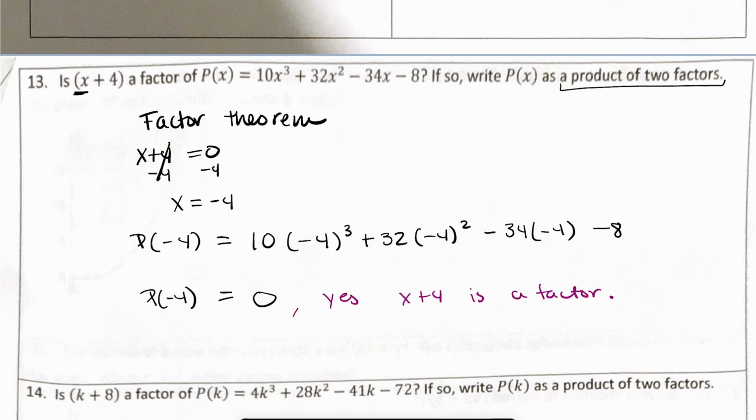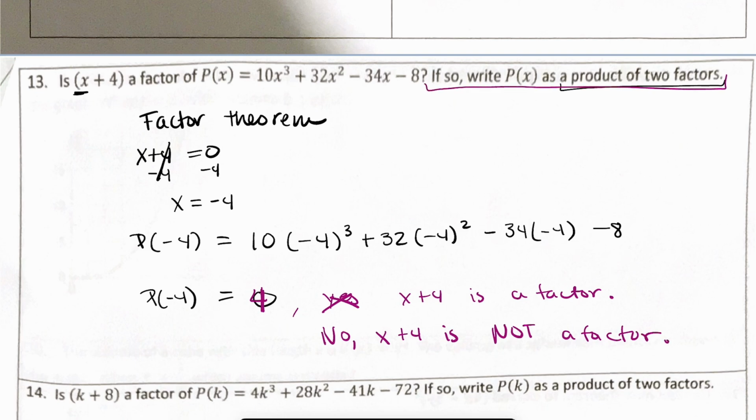But in the case that it does not equal 0, so let's pretend it equals 4, the answer would be no, x plus 4 is not a factor. Therefore, you cannot do this second question here.